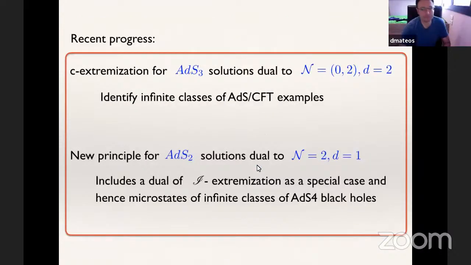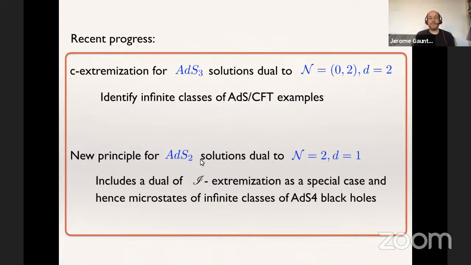Okay, so the recent progress is basically playing the same game for a class of AdS3 solutions with an R-symmetry, and a space of AdS2 solutions of D equals 11. And the progress here has led to the identification of an infinite new class of AdS CFT examples.